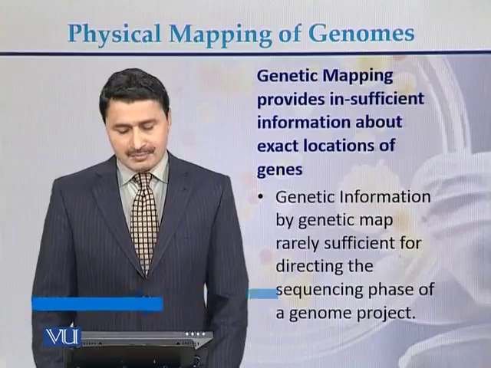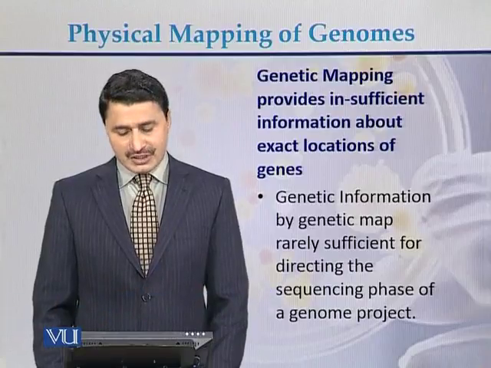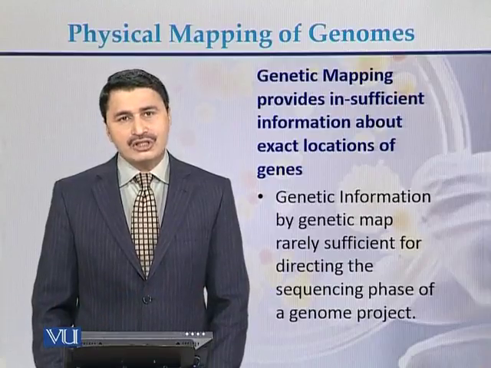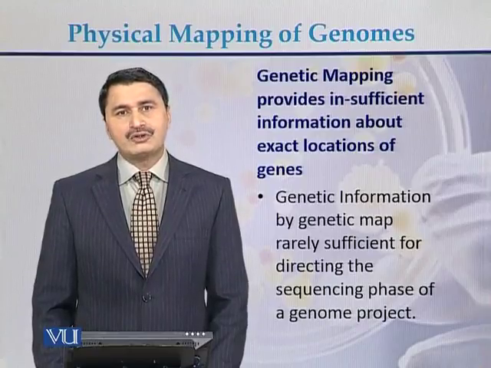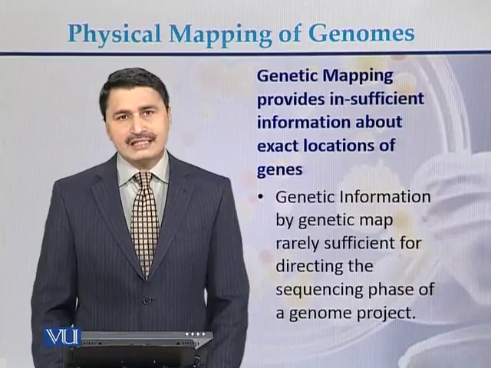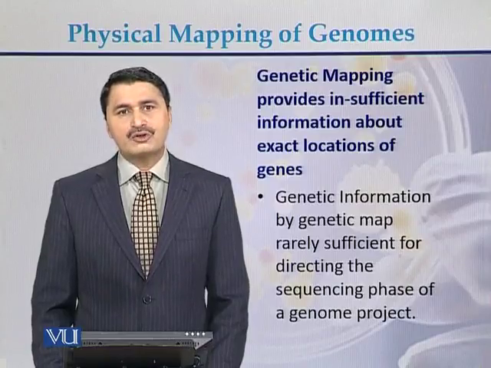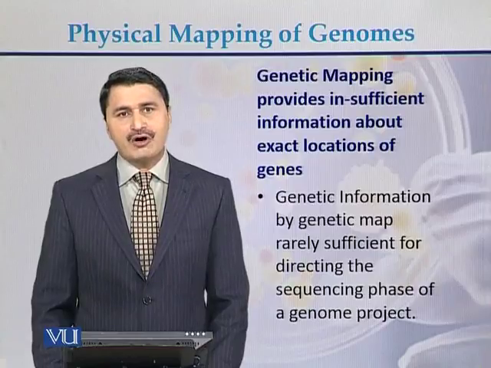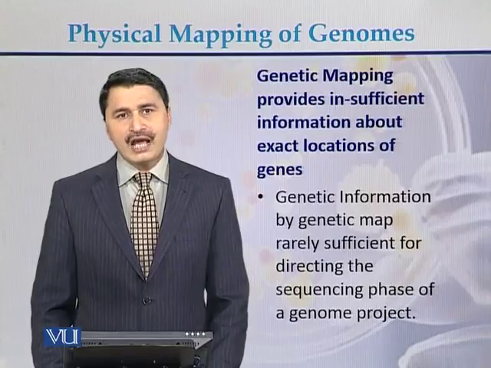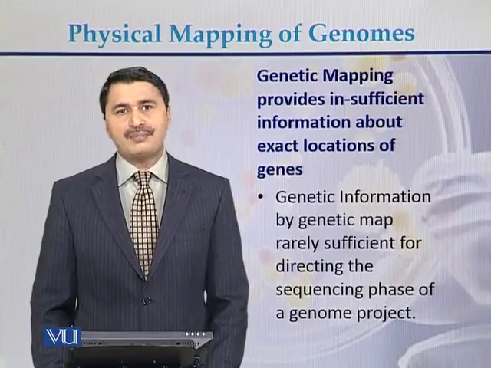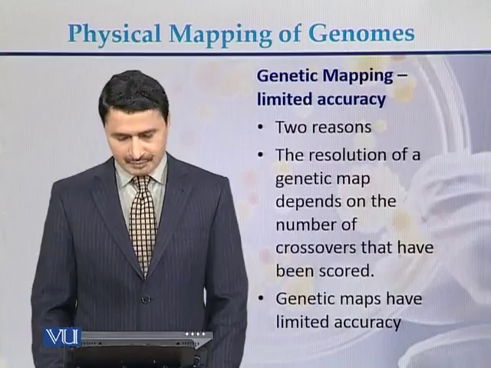Usually, genetic mapping provides insufficient information about the exact location of the genes. When we perform genetic mapping, we cannot know the exact location of the genes on the map. So for identification of the exact location of the genes on the genome, we have to perform physical mapping of the genomes.